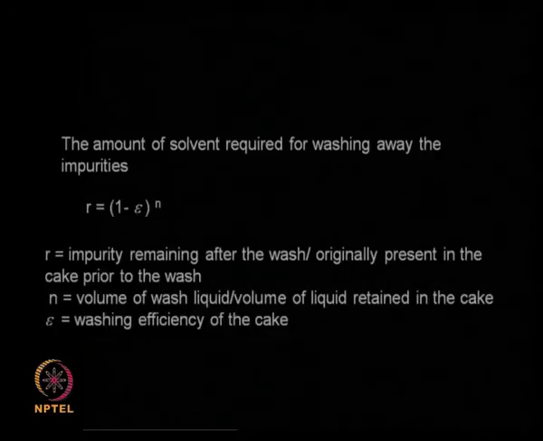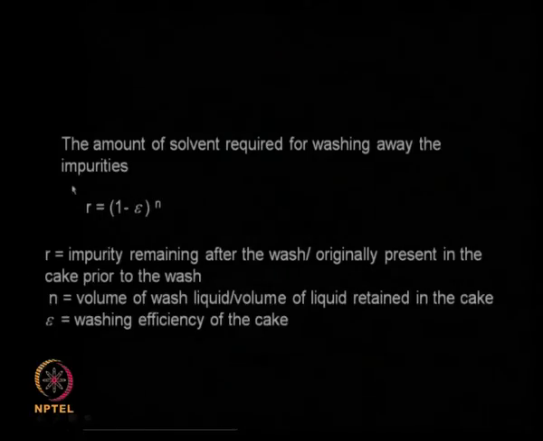So if I know N, that means the volume of wash liquid I am adding relative to the volume of liquid retained in the cake. Now the volume of liquid retained in the cake is a function of the physico-chemical properties of the liquid and the solid cake. The volume of wash liquid is a function of the solubility of the impurity.